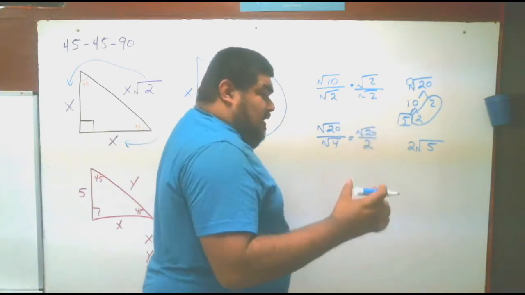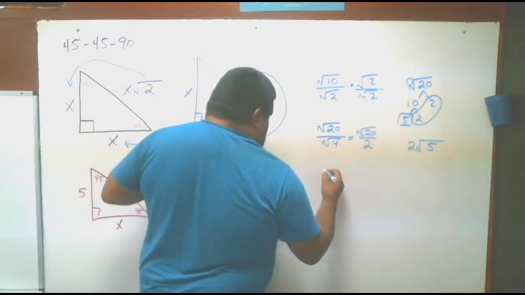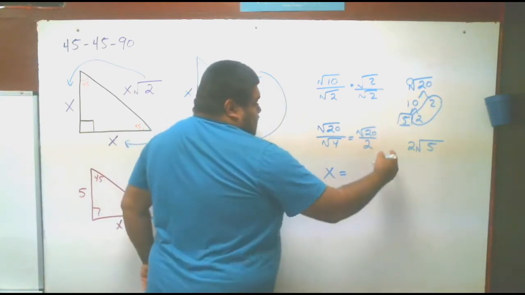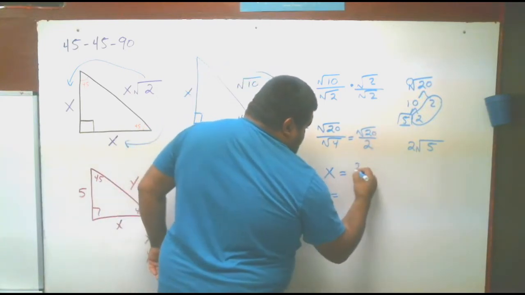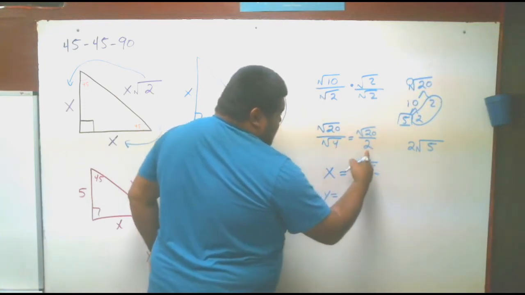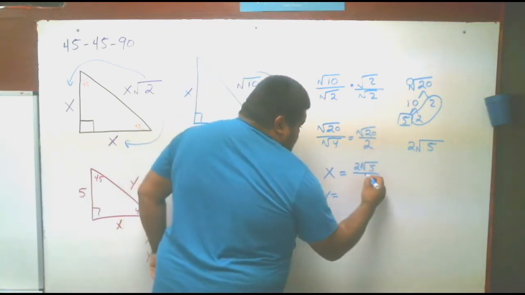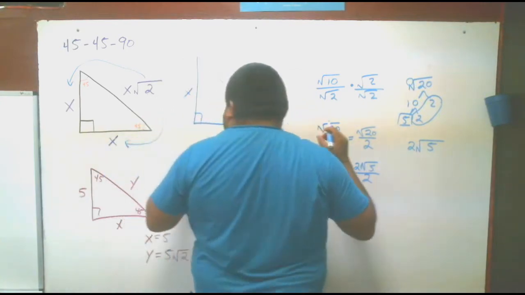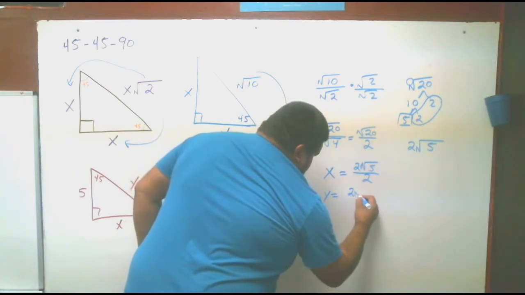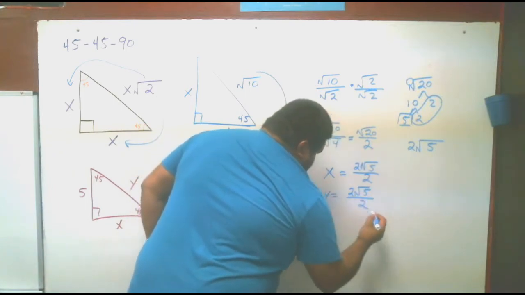So technically our final answer is y, well, let's do x and y because they're both the same, equals 2 radical of 5 over 2, because remember, we turned the 4 into a 2. And therefore, since x and y are the same, we can say that y is 2 radical of 5 over 2.